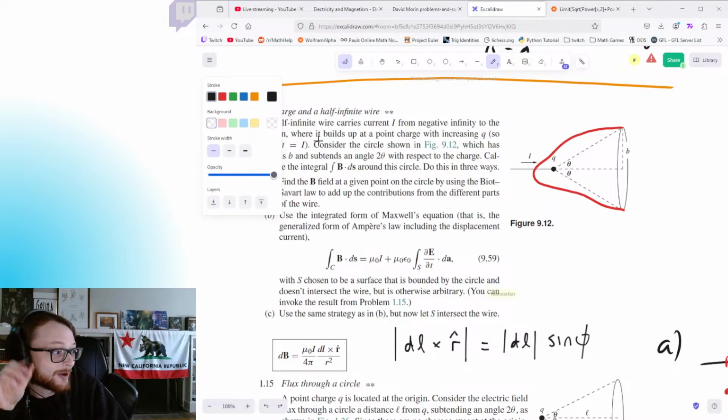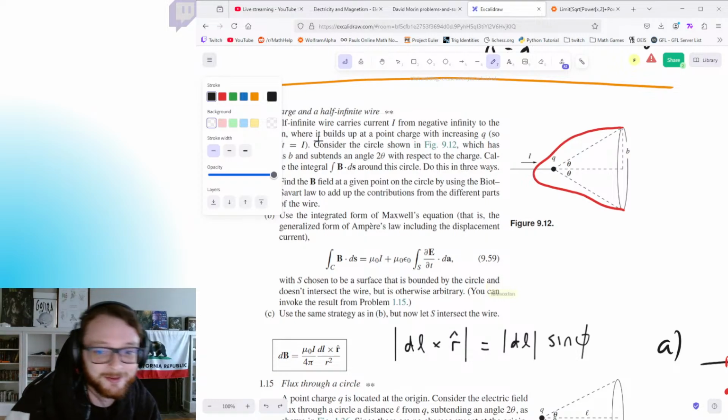But the current is constant, the field isn't changing with time. Okay, so dE/dt is 0, I think.